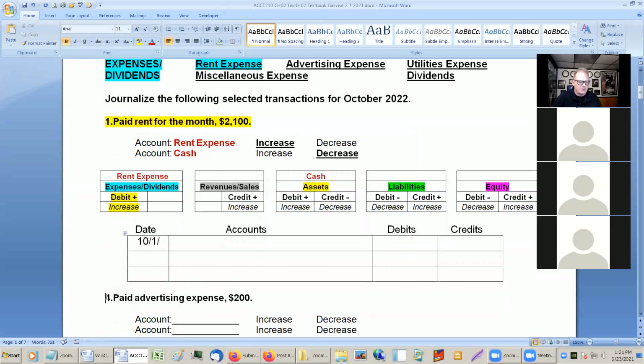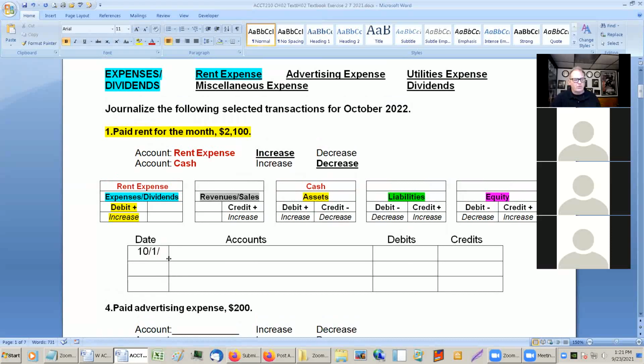Yeah, I'm sorry, these are the days of the month. I should have made this different. Okay, so rent expense. Again, whenever you see that expense, it's a debit. They're virtually always going to be debits.